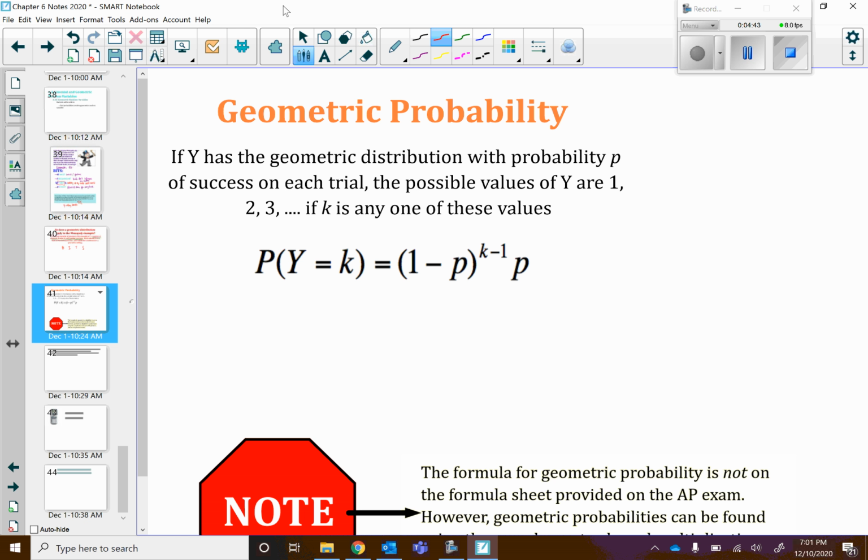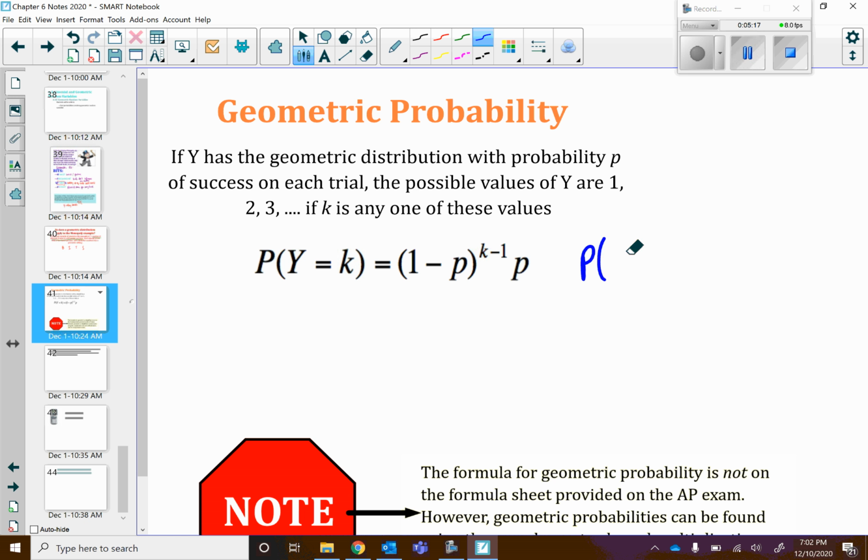Geometric probabilities. If y has a geometric distribution with probability p of success on each trial, the possible values of y are 1, 2, 3, etc. And if k is any one of these values, then the probability that y is equal to k is equal to (1 minus p) to the k minus 1, times p. Pause the video, write this down, but let's talk about this, because realistically, this is not a challenging formula.